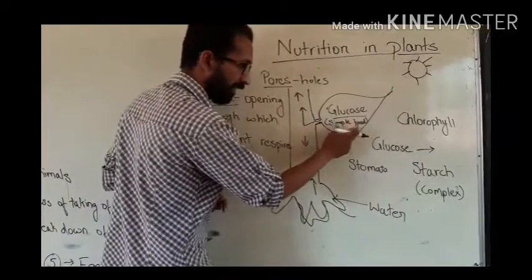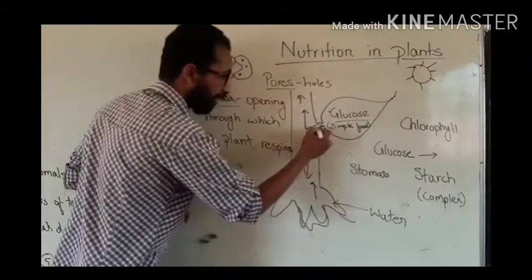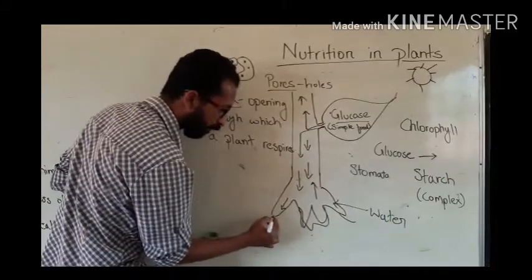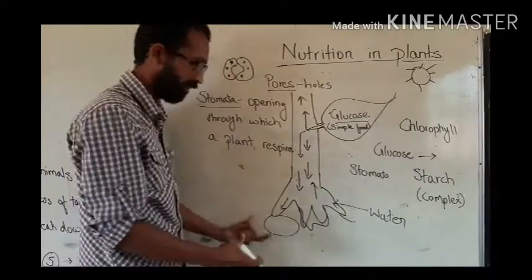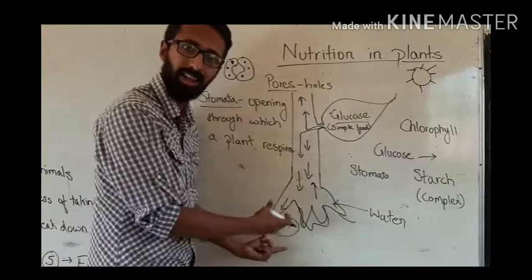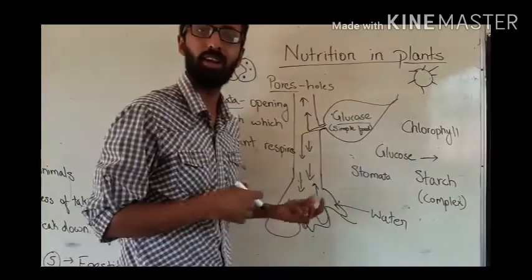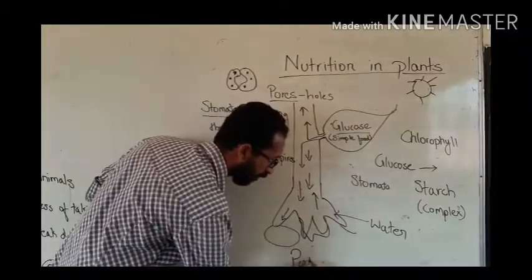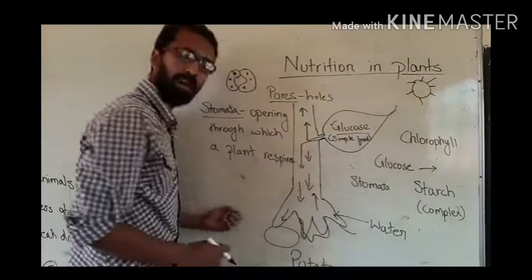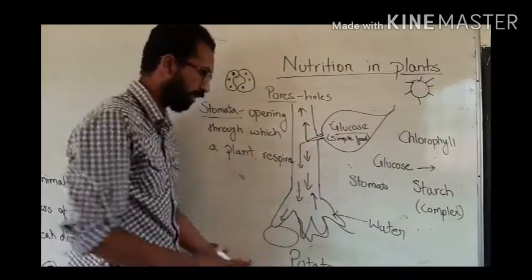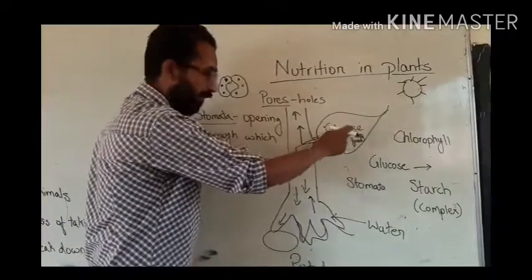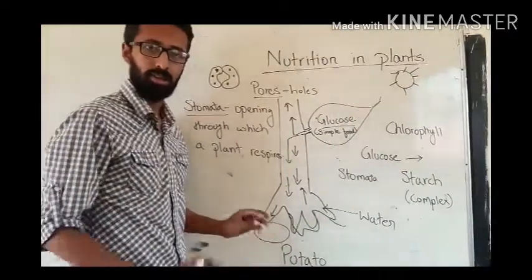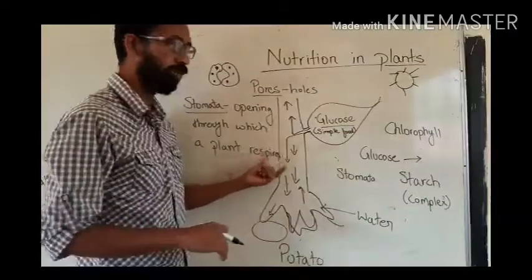Now these starch compounds which go to the roots sometimes accumulate there, or they form some type of structure, and these are the food items that we use for our energy purposes, for example, potato. Potato is a starch compound which is formed in the leaf and is collected in the roots of that particular plant. I think you understood it.